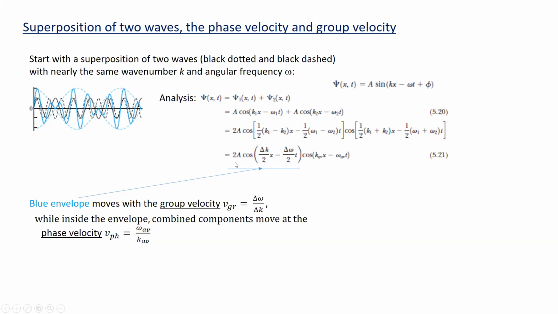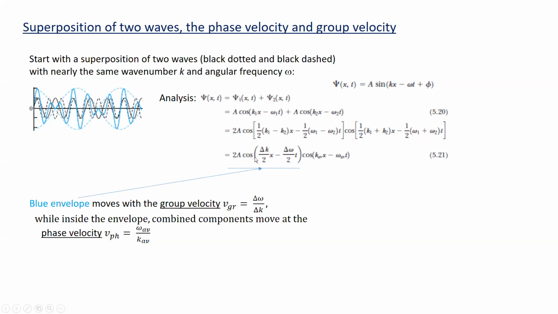So this right here, 2a times cosine of this term here, is this blue envelope, okay? So it's an oscillation in the amplitude, which was constant originally. It's an oscillation in the amplitude.